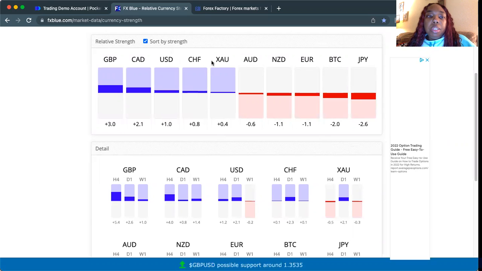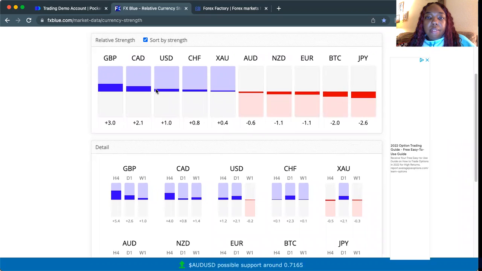Okay, so let's give you another scenario. I guess I'll give you Euro GBP. That would be the Euro versus the Great Britain. Okay, so I give you that pair.